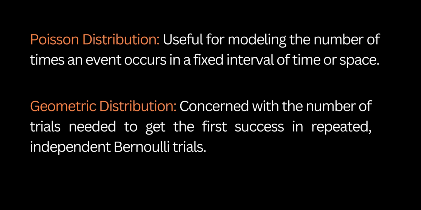Poisson distribution is useful for modeling the number of times an event occurs in a fixed interval of time or space. Next one is geometric distribution, concerned with the number of trials needed to get the first success in repeated independent Bernoulli's trials.